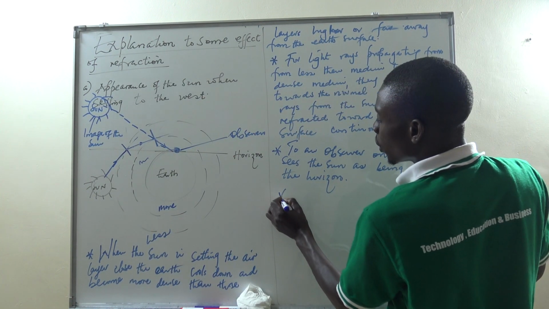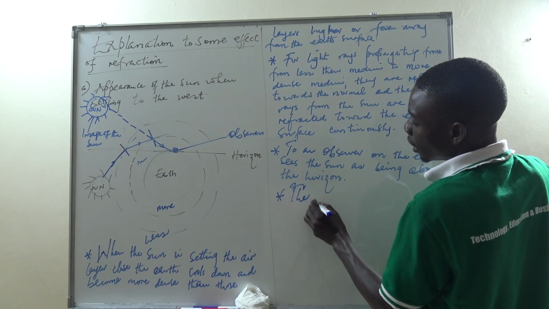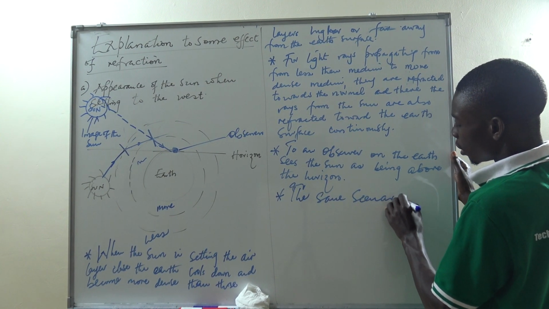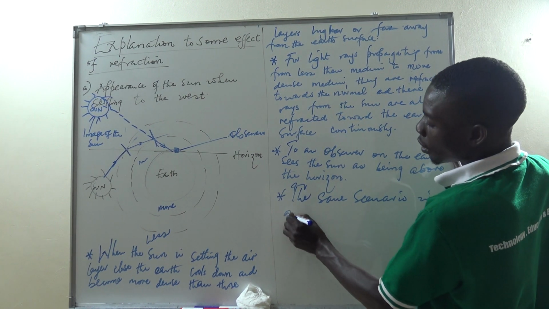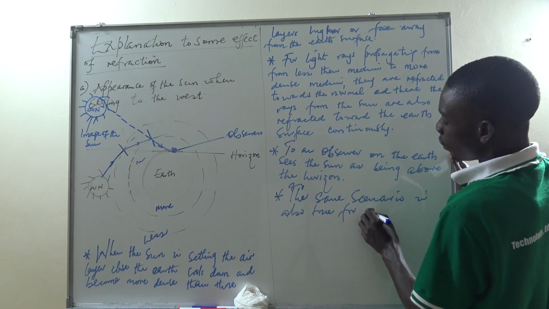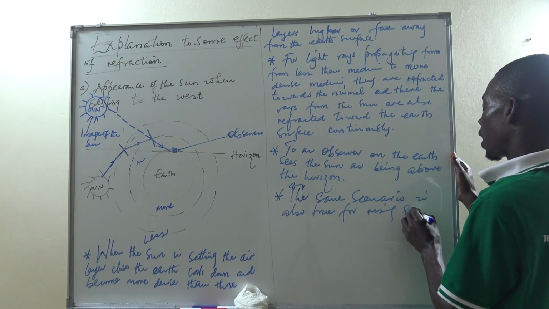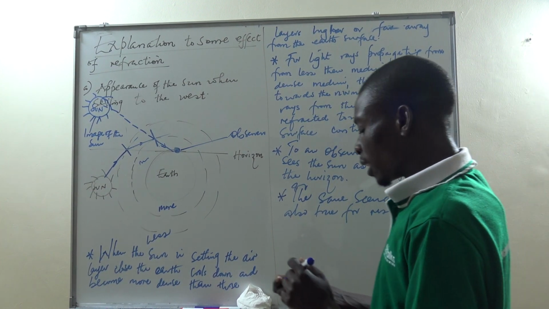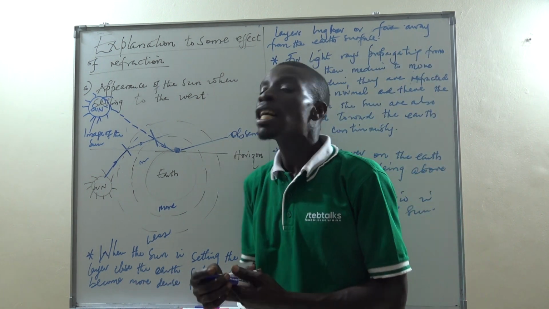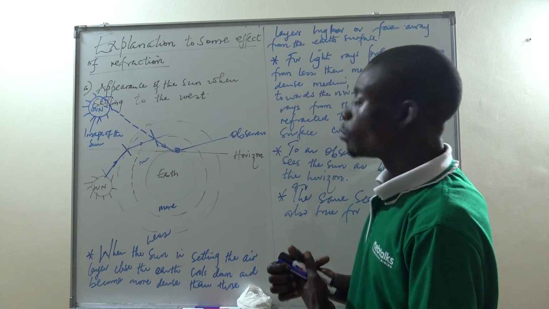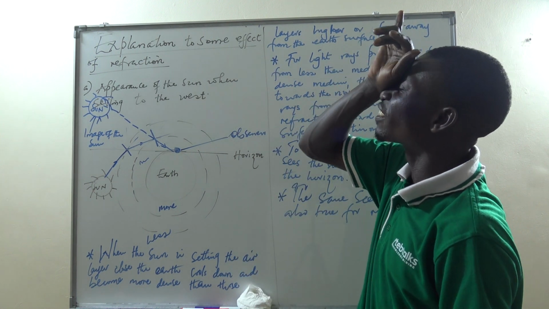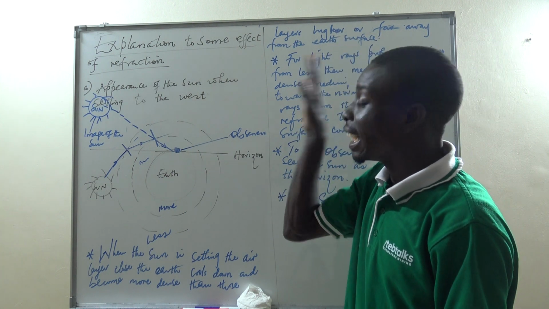And what is very true is that the same scenario is also true for the rising sun. So it is also true that we can see the sun even before it comes out. It is also because of refraction. In the morning you may look at the sun and say the sun has risen up, but in real sense that is just the image.